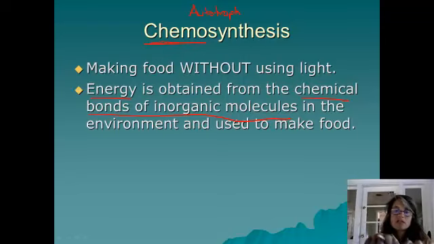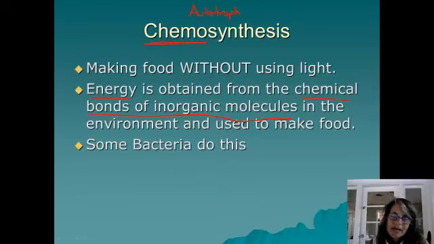They're using energy from simple inorganic compounds to make their own food. Okay? Some bacteria do this. Generally speaking, they can serve as the base of an entire food web where light is absent. For example, at deep sea vents, these bacteria that can harness food energy chemosynthetically can serve as the producers for that food web where light is absent.